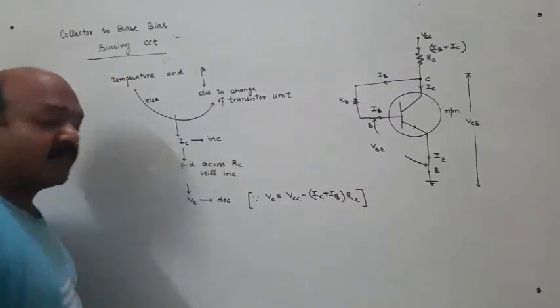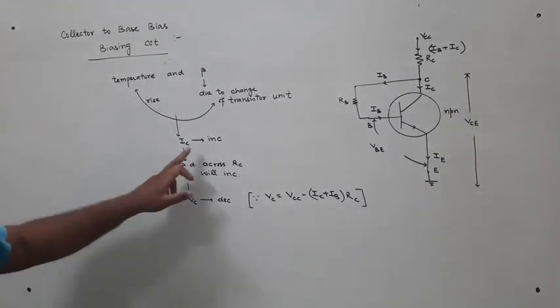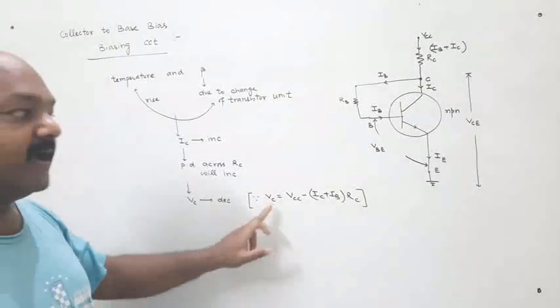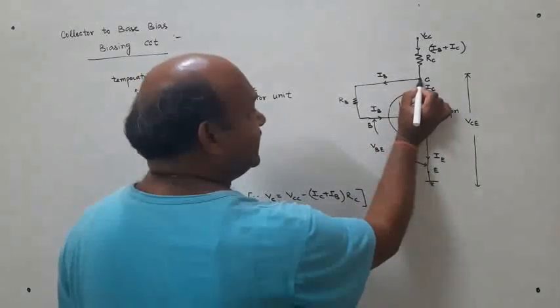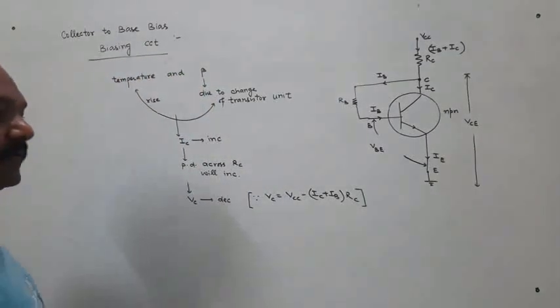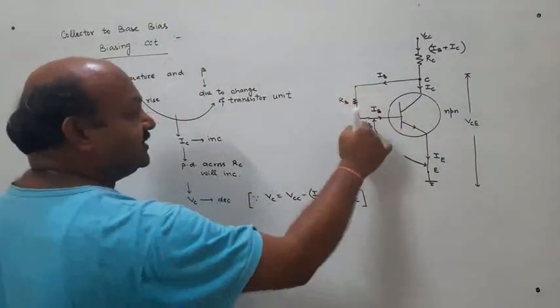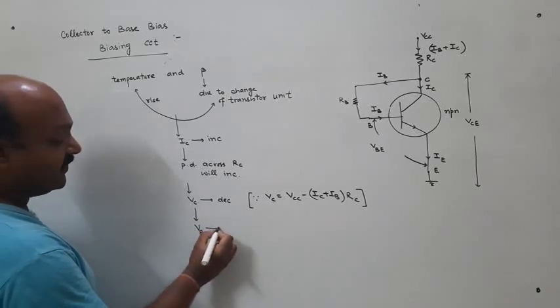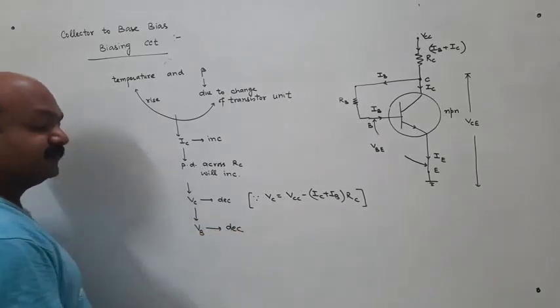Simple Ohm's law. So if IC increases, VC decreases, and this is fed to the base. Then VB also decreases.